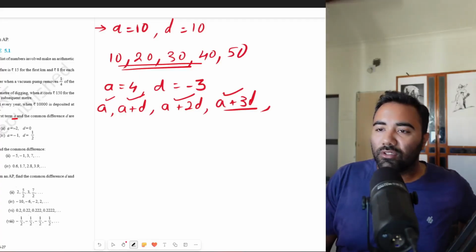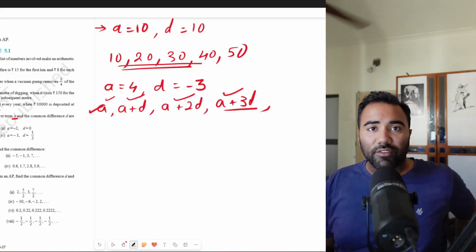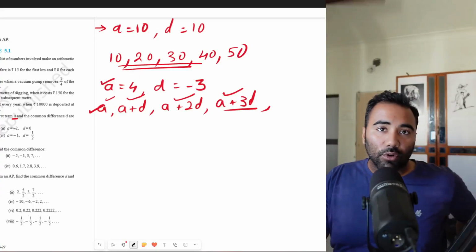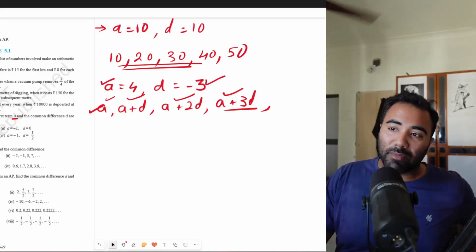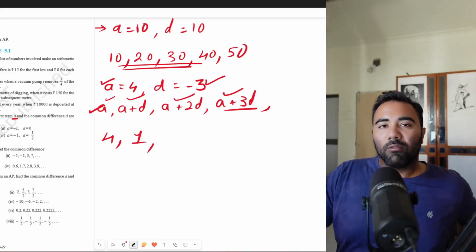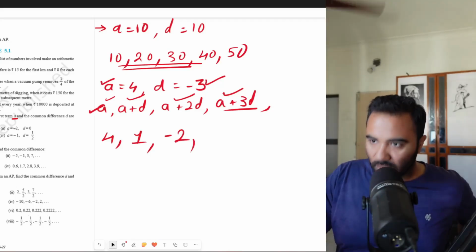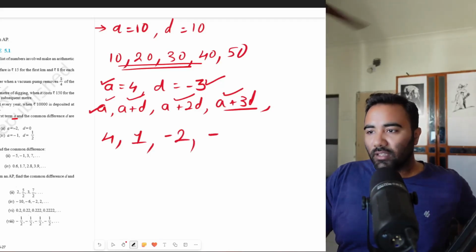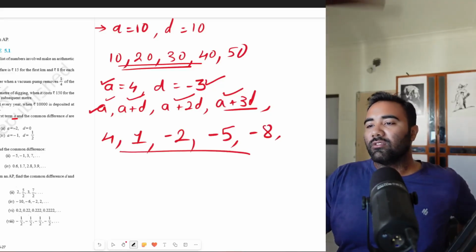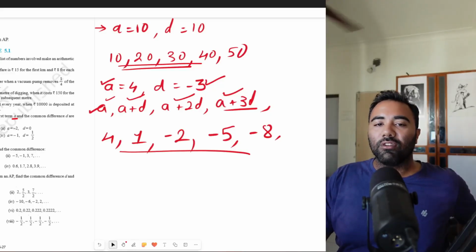But right now, this is the general arithmetic progression. So the first term is 4, the common difference is -3. So 4 minus 3 is 1, 1 minus 3 is -2, -2 minus 3 is -5, minus 3 again is -8. So this is your arithmetic progression for the third one.